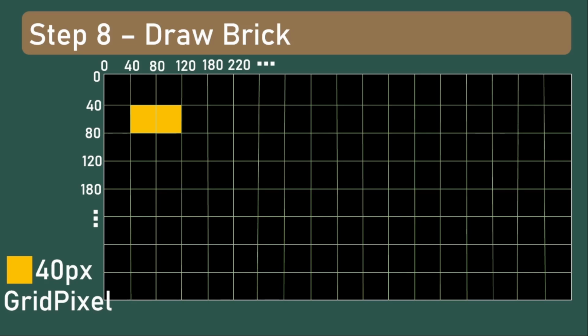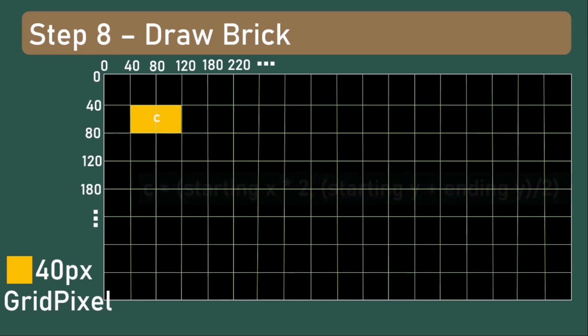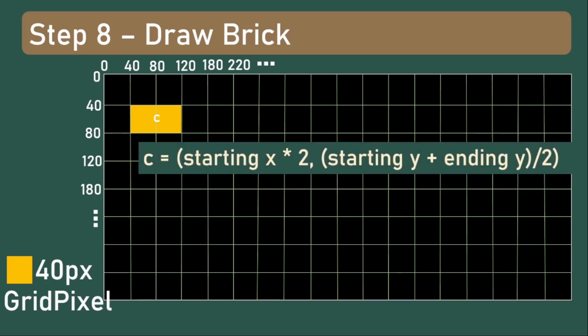So this yellow brick on the screen starts at a position of X equals 40 and Y equals 40. But to draw the brick, we need to know the center position of the brick. To get the center, you can get the starting X of the brick, which is 40, multiplied by 2, which is 80.